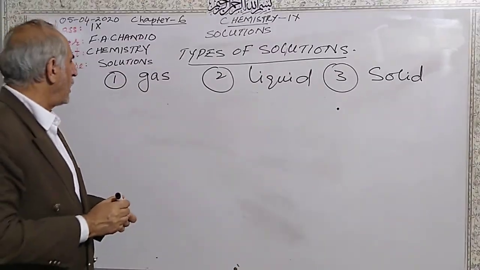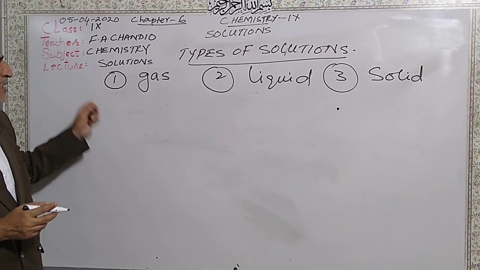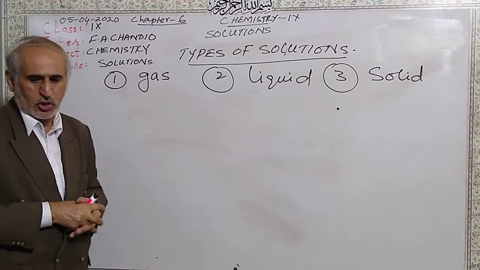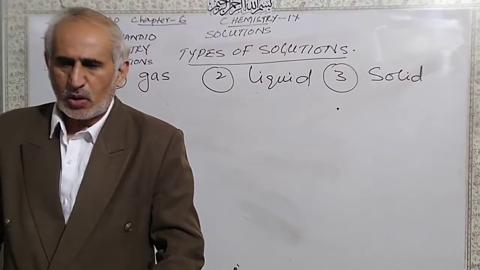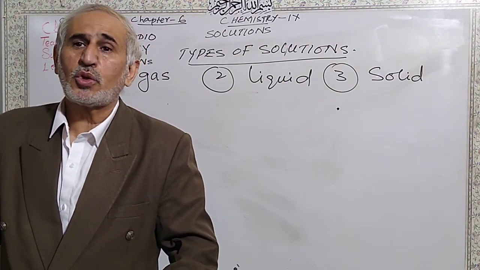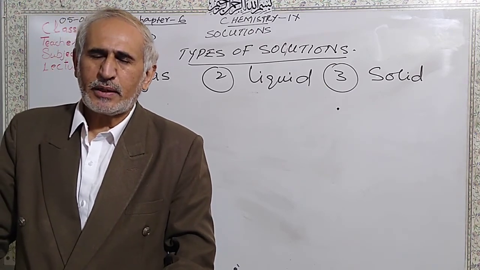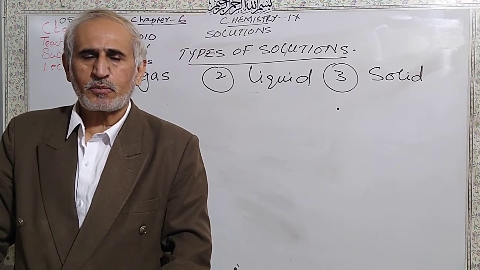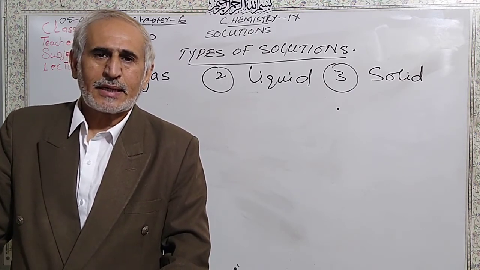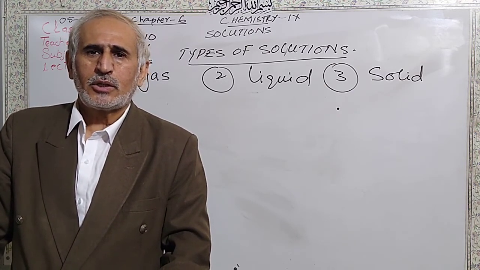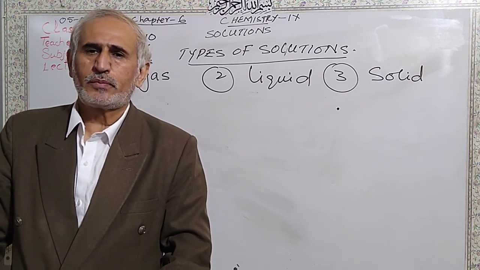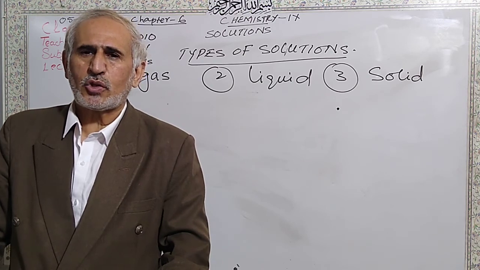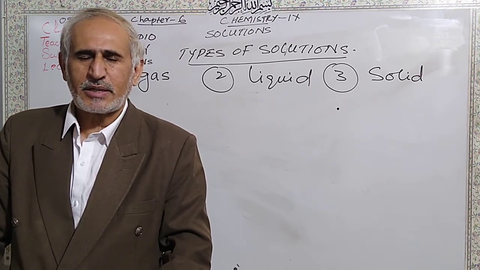Before I explain these, again I am going to tell you that when you make a solution, it should be a homogeneous mixture. You did homogeneous and heterogeneous in chapter number 1. In homogeneous, there will be a uniform composition. You will get only one state of the solution, which is the solvent phase.